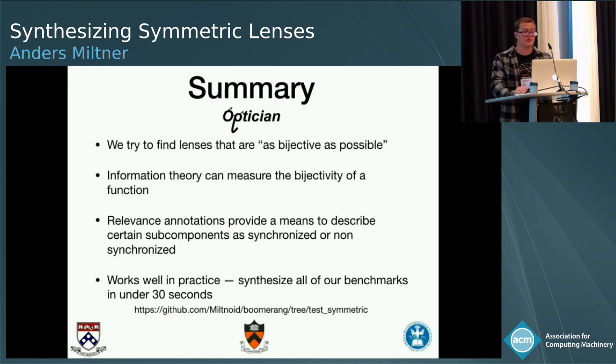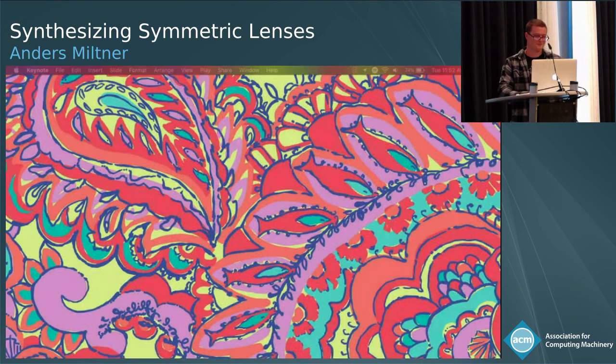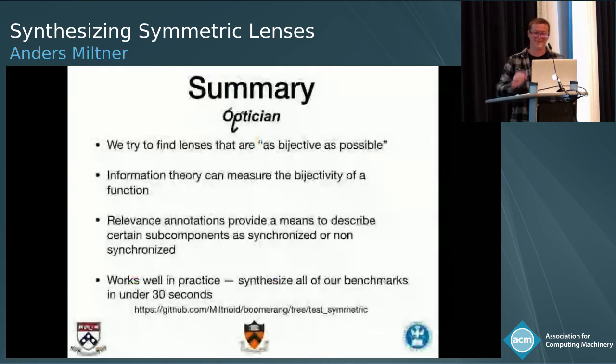So in summary, we try to find lenses that are as bijective as possible, and information theory can measure the bijectivity of a function. Relevance annotations give us good means of saying whether subcomponents should be synchronized or non-synchronizing.